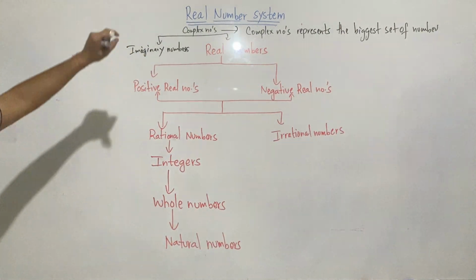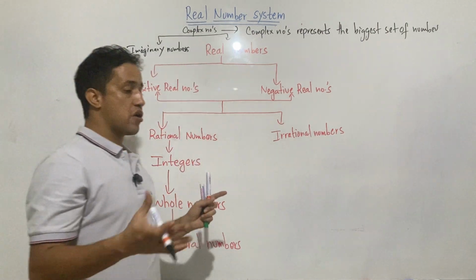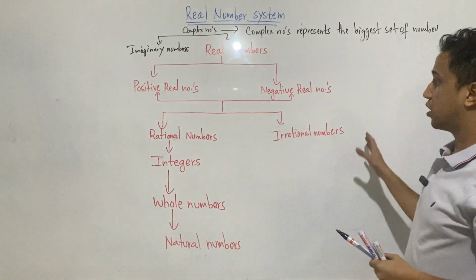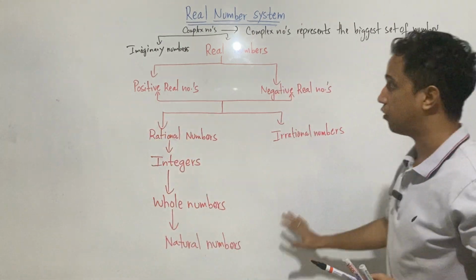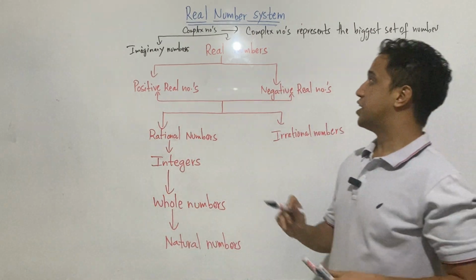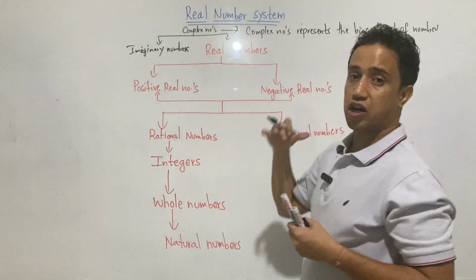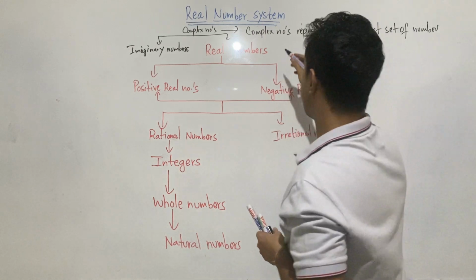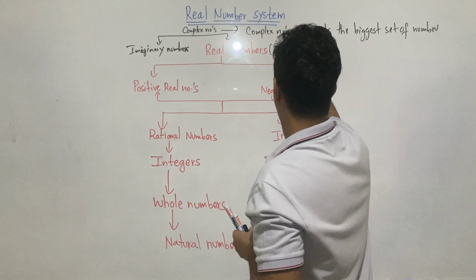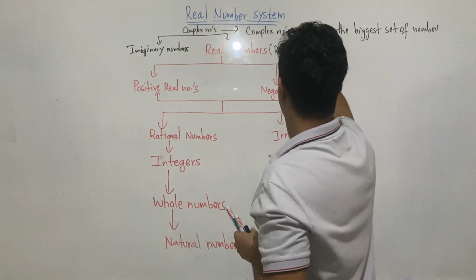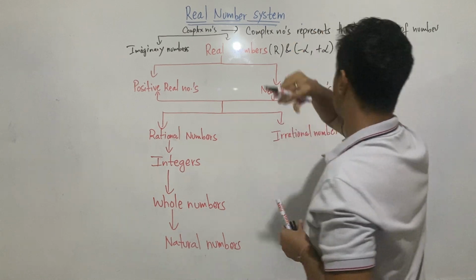Okay, but here is how things worked out. A real number is basically the combination, or the collection, of all these things. Now, if I have to talk about the domain of the real numbers, real numbers are represented by R, and their domain is represented by minus infinity to infinity.